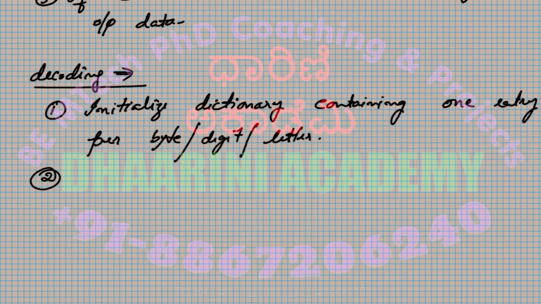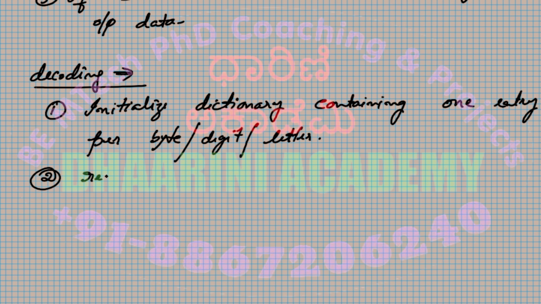In step number 2, read the first code from the incoming stream. The incoming stream is nothing but the encoded signal. Now we are receiving the encoded data. I want to do the decoding, but it is still an input for us.